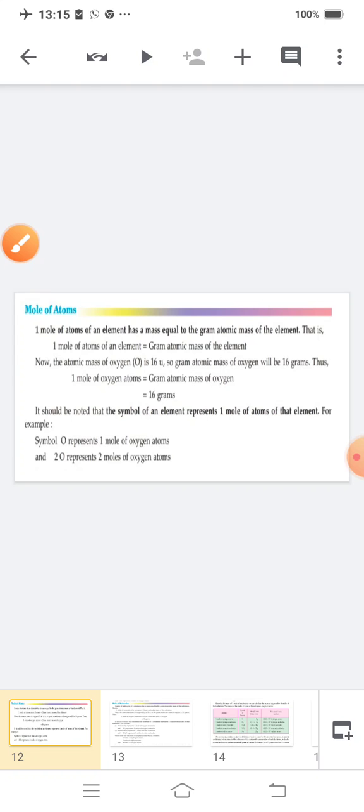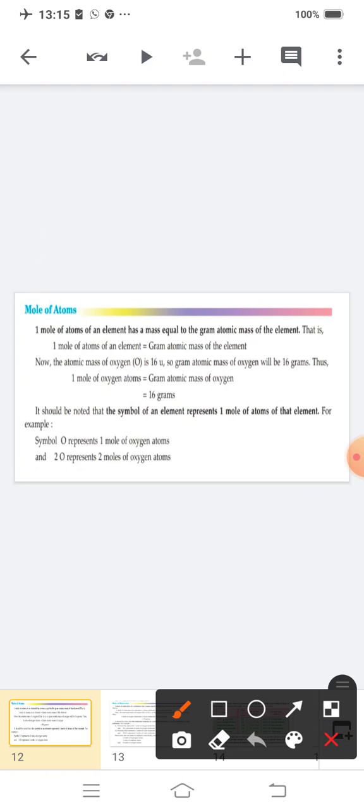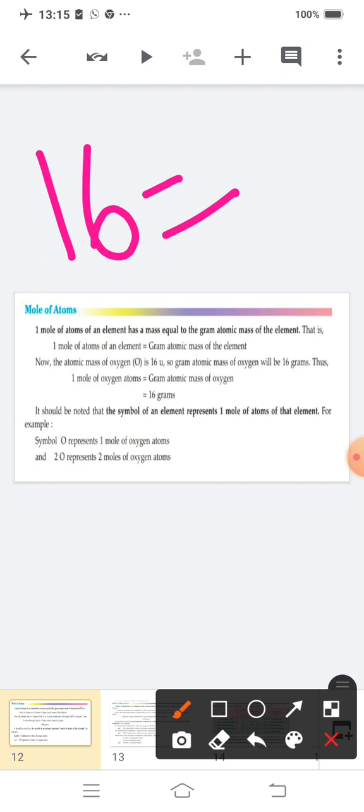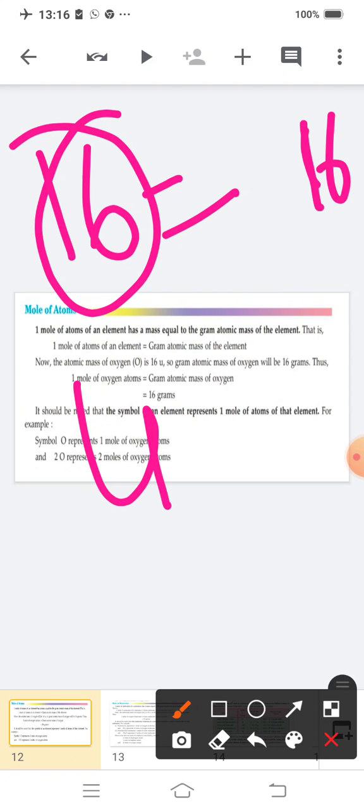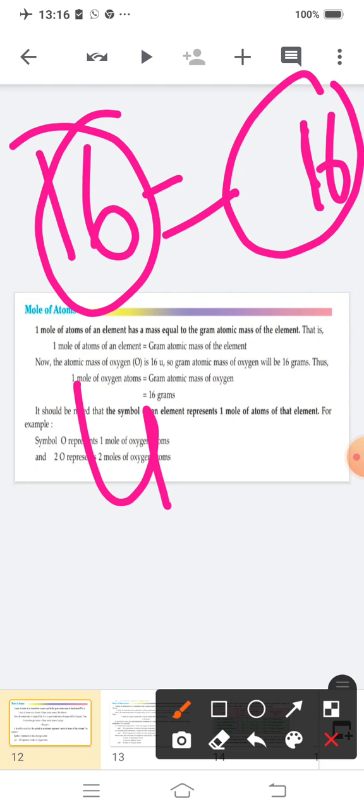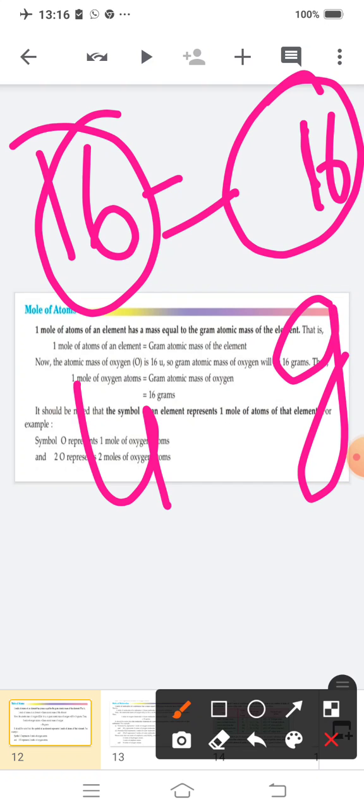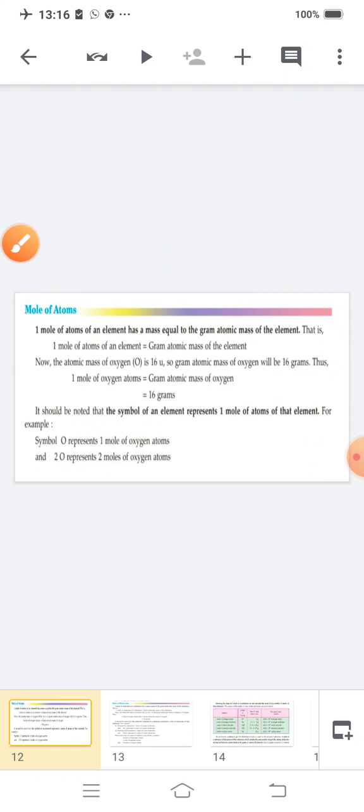For example, if the atomic mass of oxygen is 16, what will be the gram atomic mass of oxygen? It is also 16, but in atomic mass the unit is u, and for gram atomic mass the unit is g.